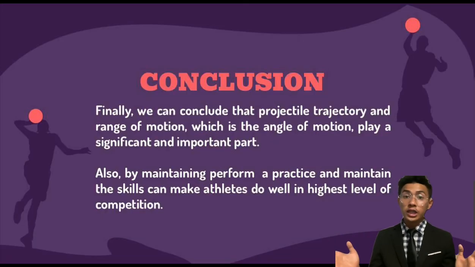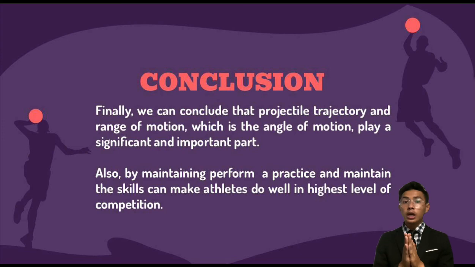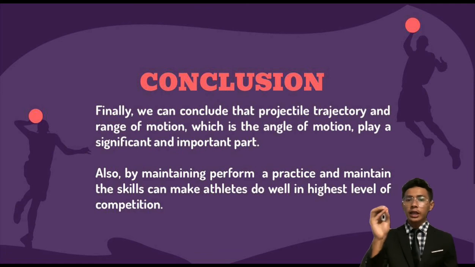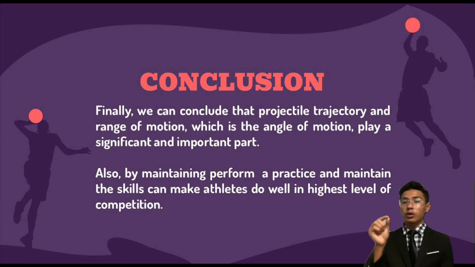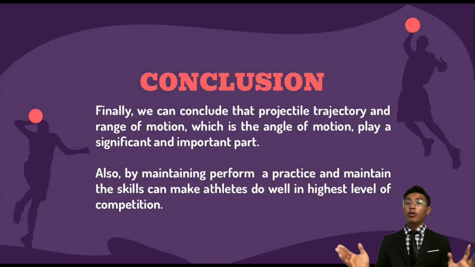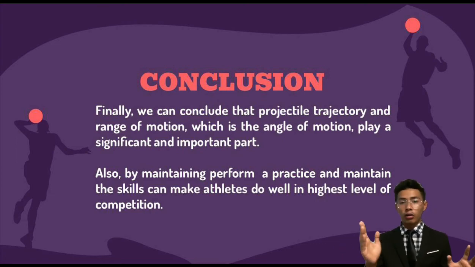So in conclusion, we can conclude that the projectile trajectory and range of motion, which is the angle of motion, play a significant and important part in determining the result of the analysis to achieve a good skill and correct scoring goal in basketball shooting. In addition, we discovered that technique has a crucial role in improving goal scoring in basketball.